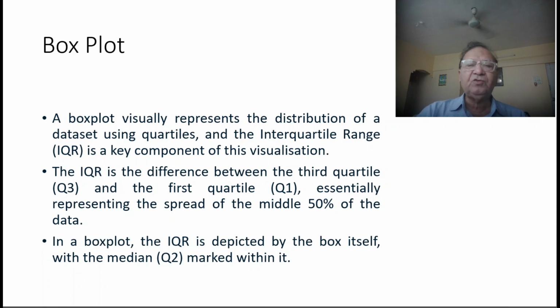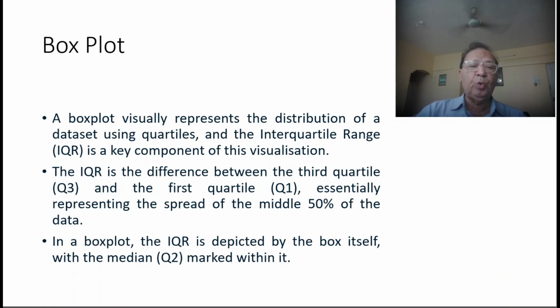Say, first quartile is 20, second quartile is say 30, and the third quartile is say 45. So difference between 20 and 45 is 25. Then we multiply this with 1.5 to make it upper limit and lower limit, maximum and minimum.